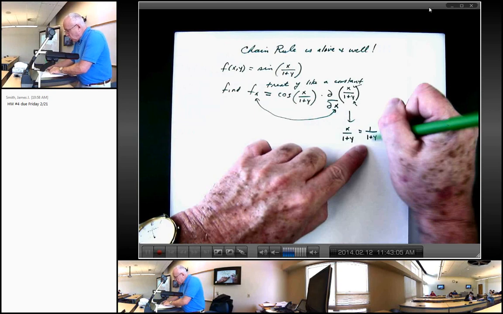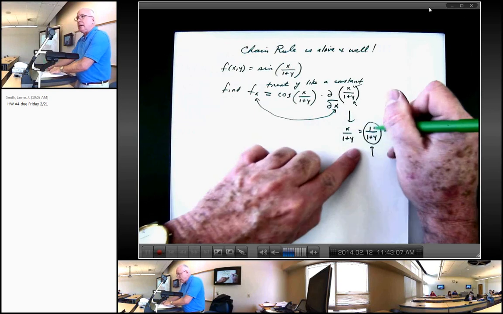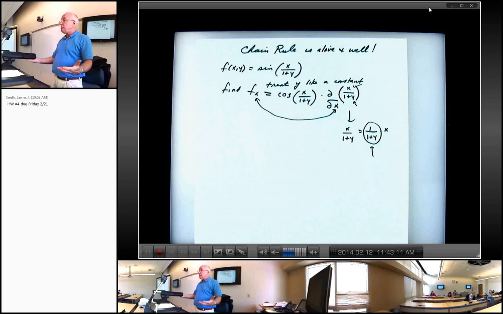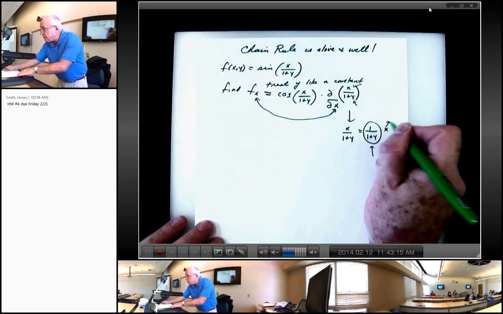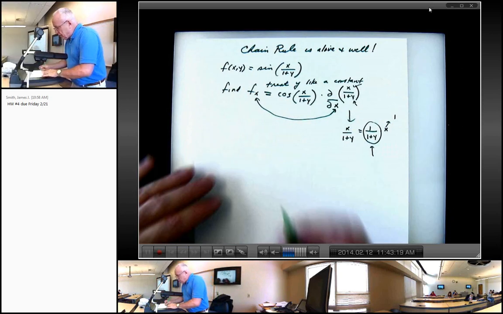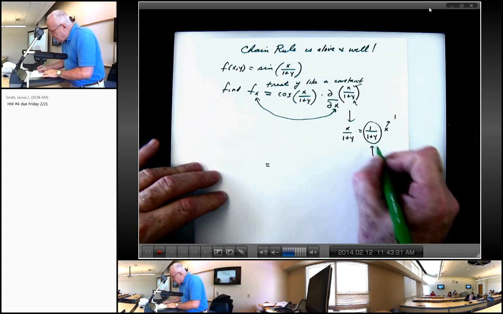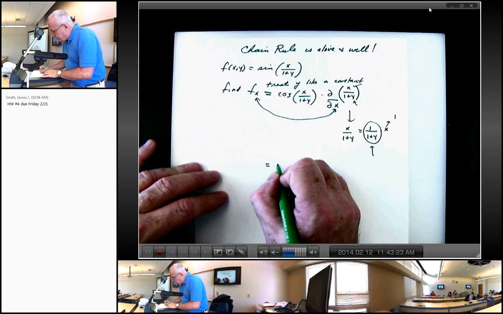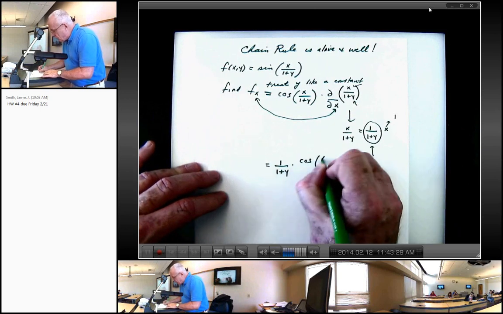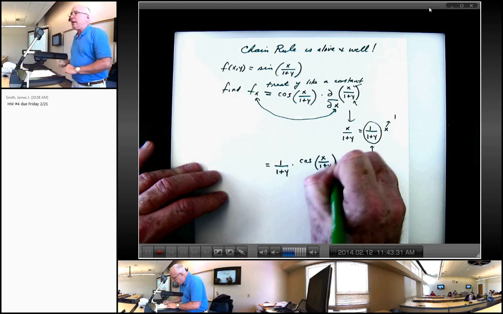So this whole thing right here is just a big constant laying around, and we do our derivative of x, which gives us 1. So basically, this becomes 1 over 1 plus y times the cosine of x over 1 plus y, like that.